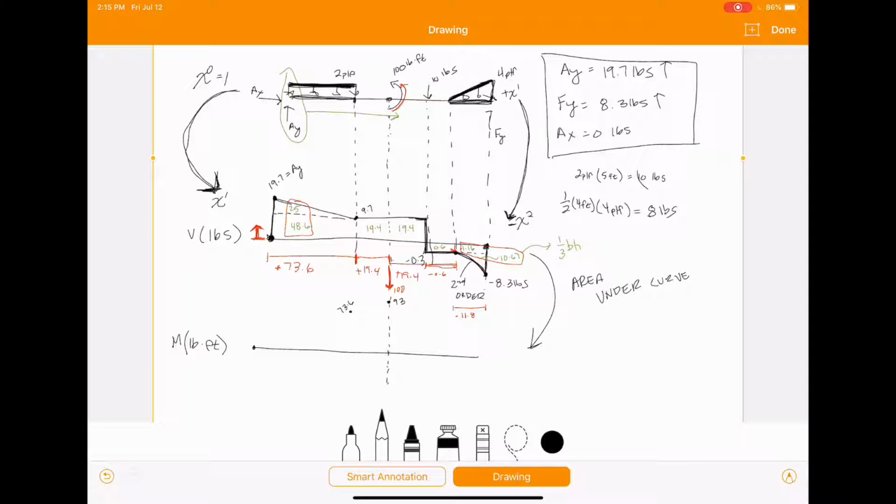Subtract 100. Remember, because that concentrated moment bumps us down. So we're going to get negative 7. And then we've got to add 19.4 to that. So we're going to get 12.4.